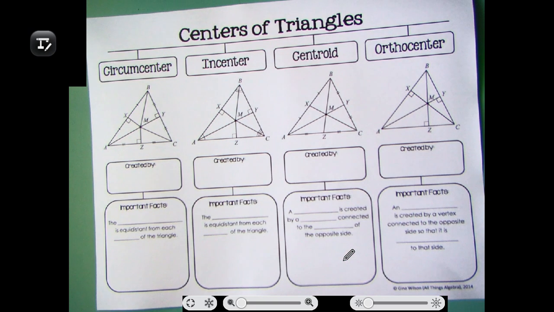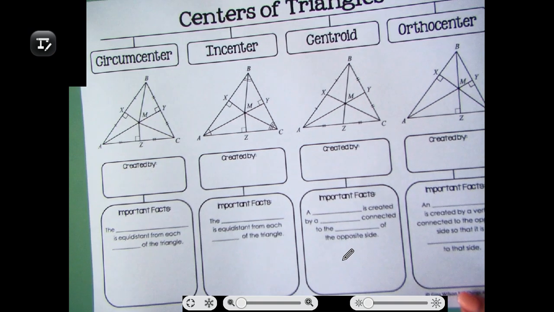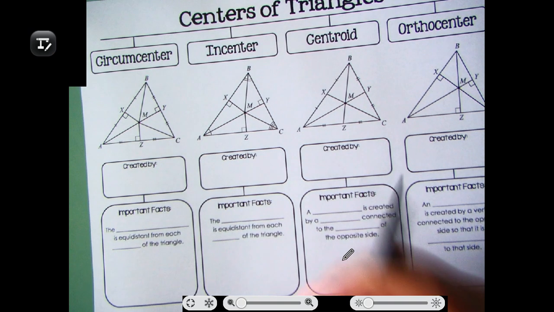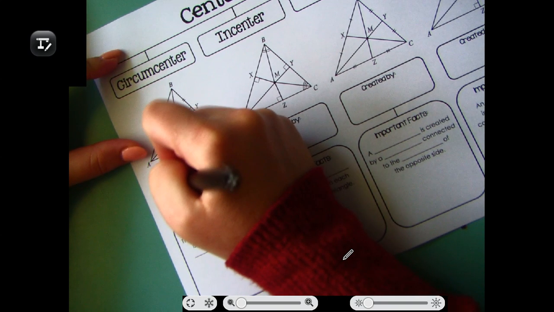So the very first one that we talked about was circumcenter. A circumcenter is created by perpendicular bisectors. So just so you have this side by side, perpendicular bisectors.